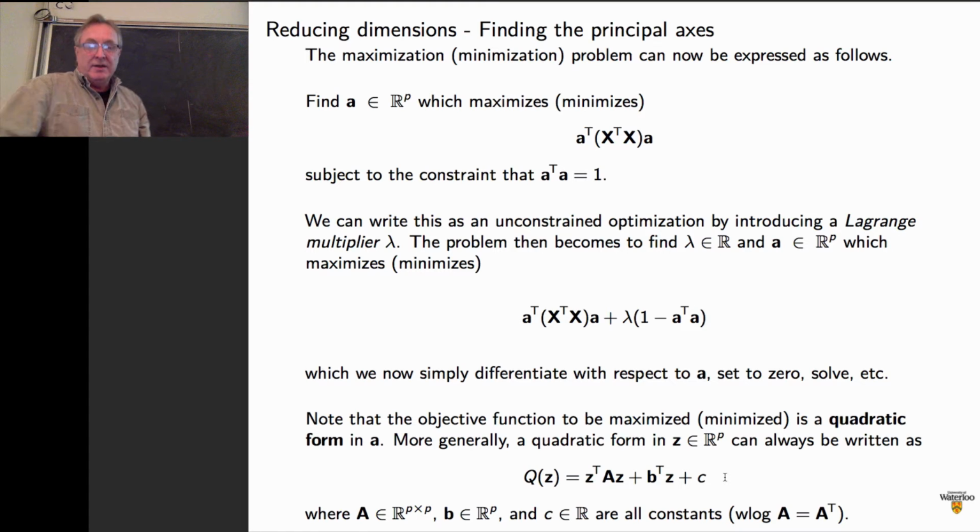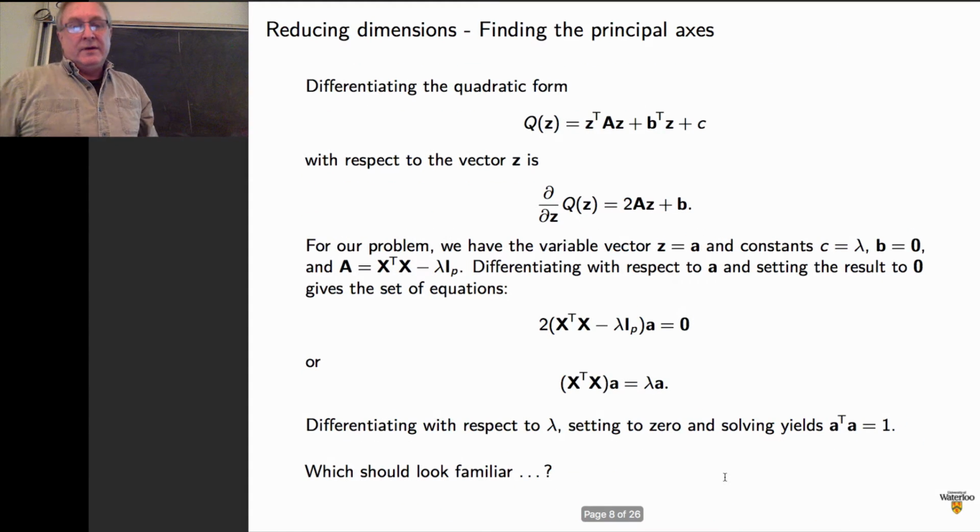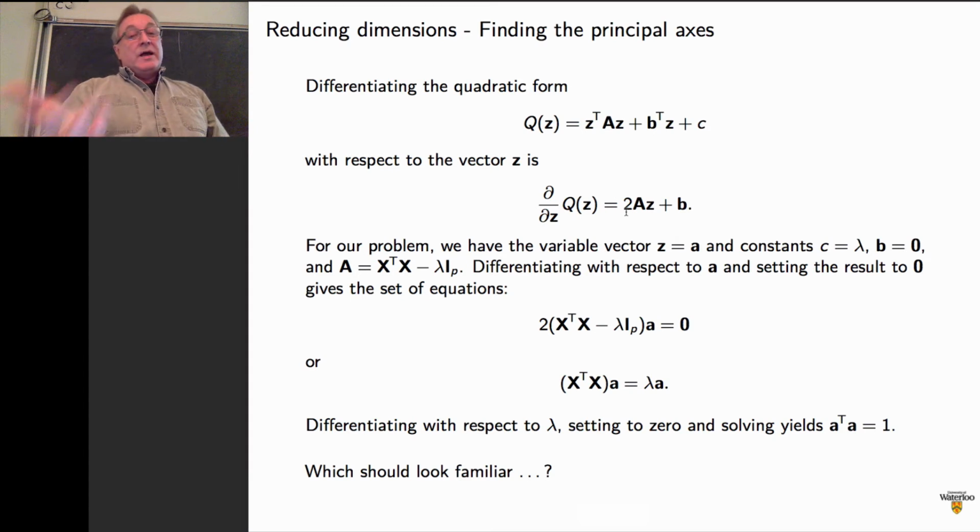It'll look like that. So that derivative does in fact look like this. Now that's a derivative. I need to set it equal to 0 and solve.